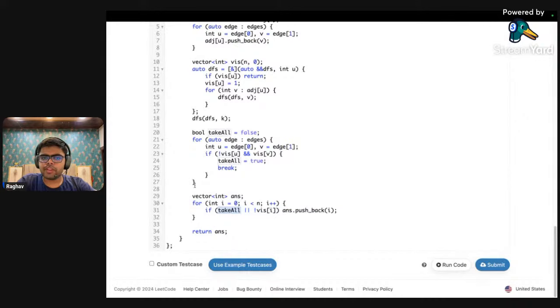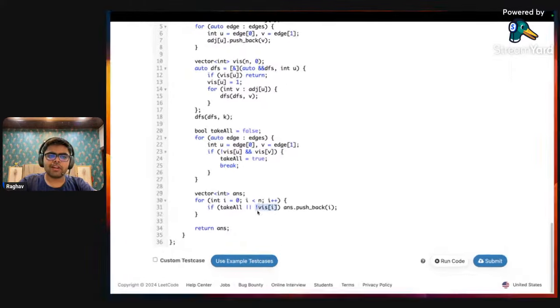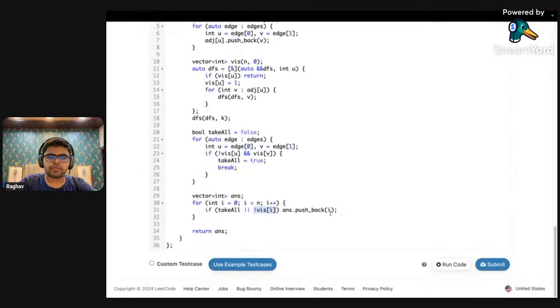In case this variable is true, it means that I have to take all the nodes. Otherwise, if this was false, then I will see that the node must not be visited. The node must be non-suspicious. Only in that case will I take it, like I will return it in the answer. And then at the end, I'm just returning the answer.